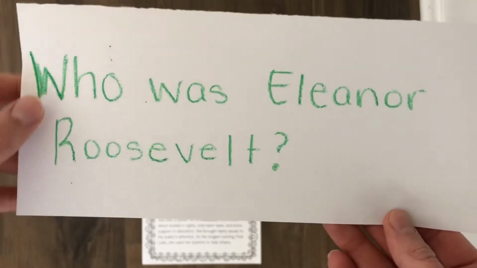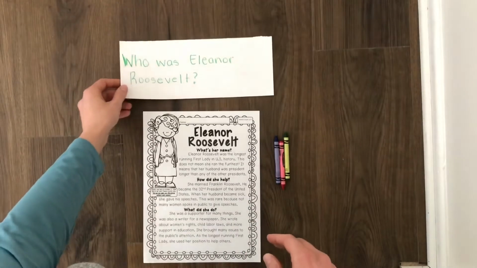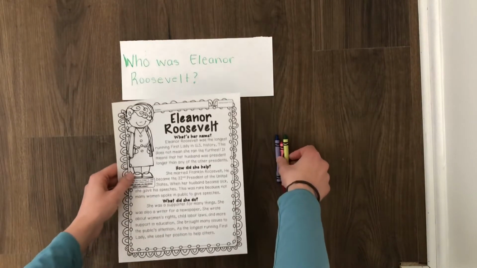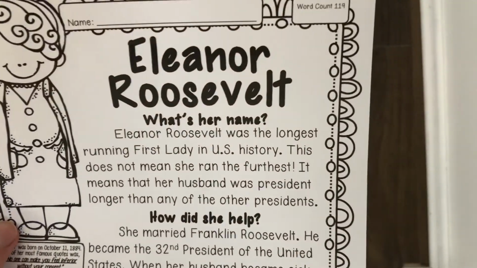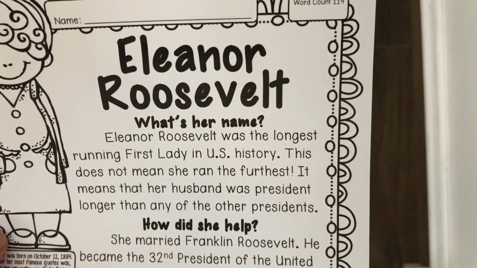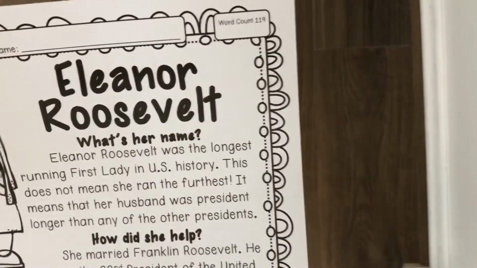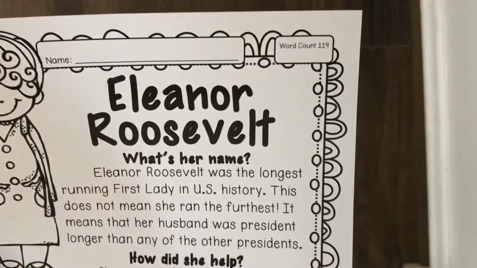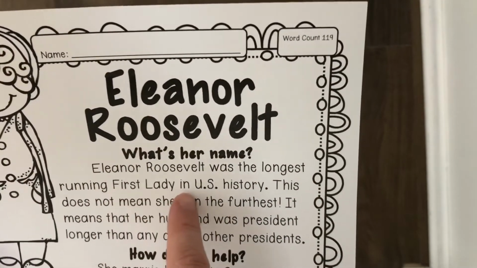Okay, so the question we're answering is, who was Eleanor Roosevelt? I'm going to pick up my green crayon, okay? Pick up your green crayon. And we're going to find the answer to this question. Who was Eleanor Roosevelt? Well, let's read the first sentence. Eleanor Roosevelt was the longest running First Lady in U.S. history.